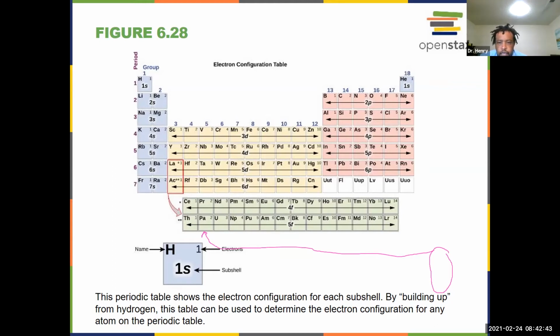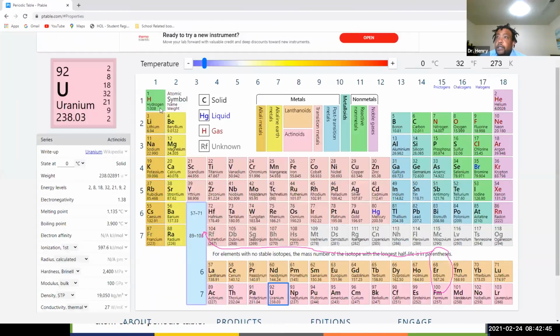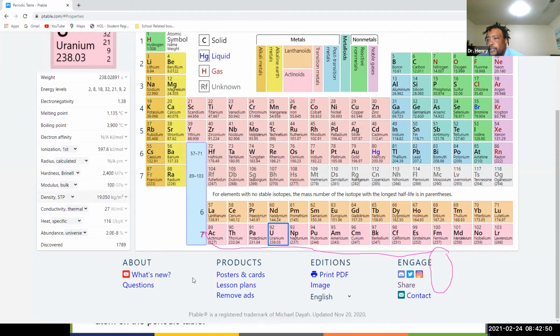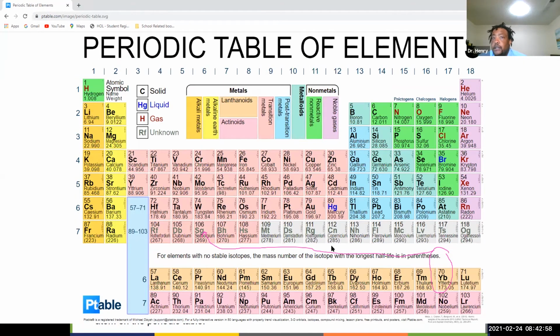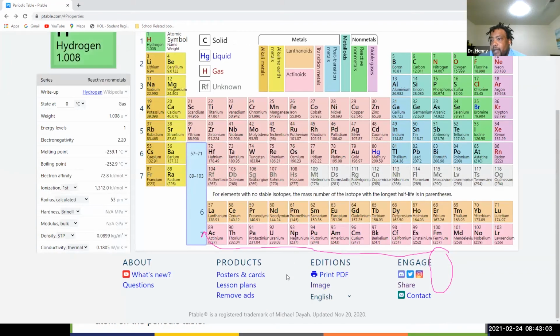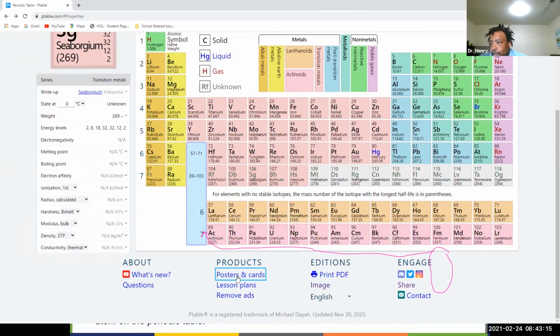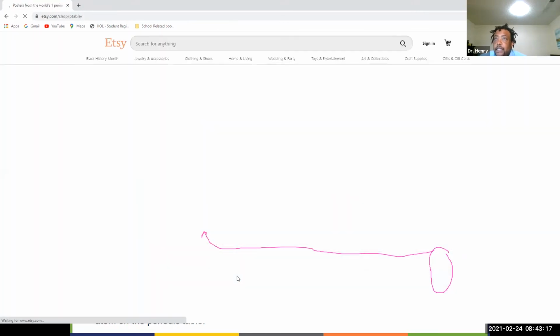So I think I'll add something to your sheets. I'm going to give you the long version. I'm going to make a PDF of it. Let me see if I can get it.